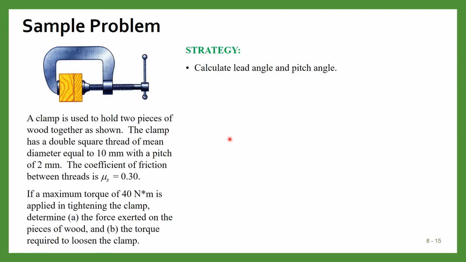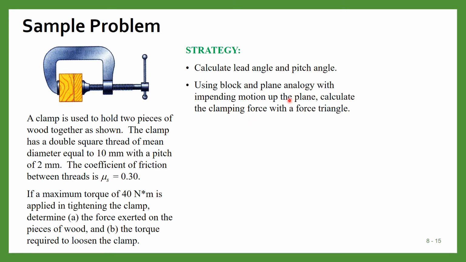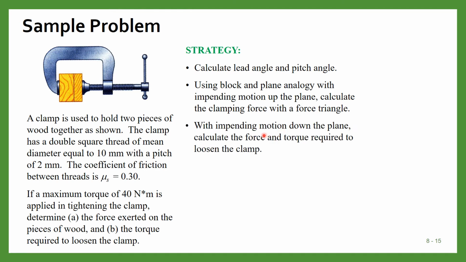First we will calculate the lead angle and pitch angle, and then by block and plane analogy as discussed, with impending motion up the plane, calculate the clamping force with a force triangle. So we will make a force triangle and calculate the clamping force. And then with impending motion down the plane, we will calculate the force required to loosen the clamp.